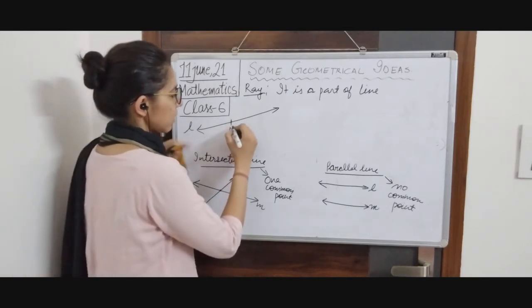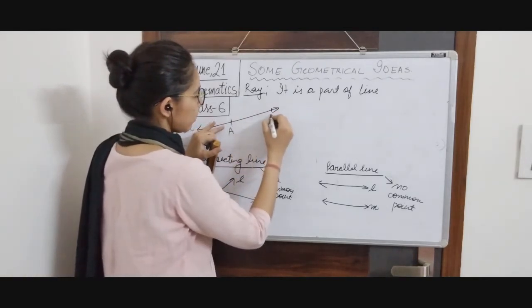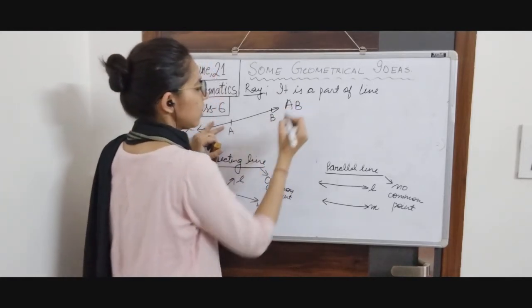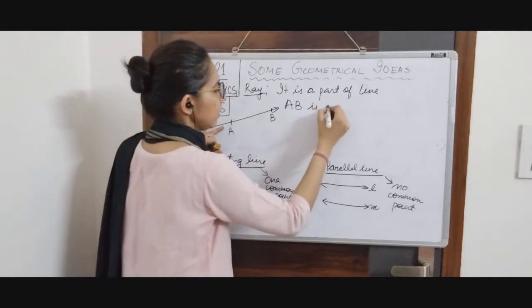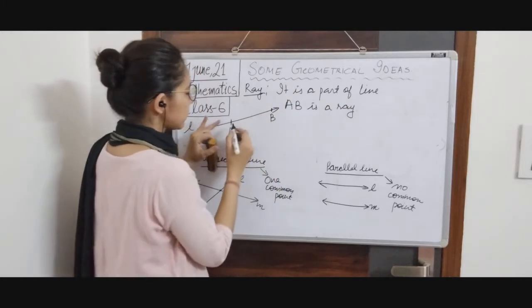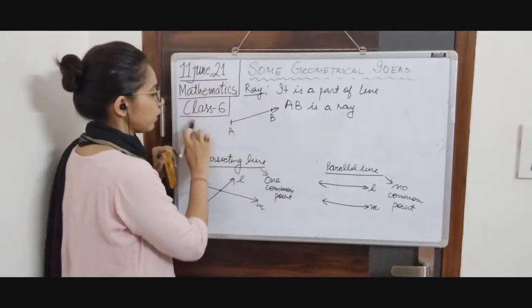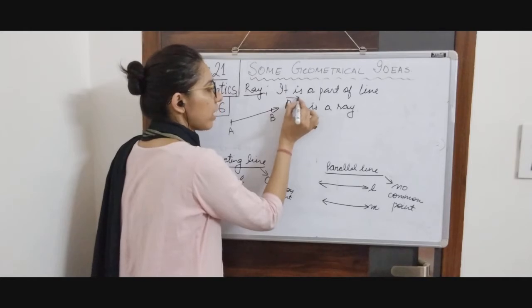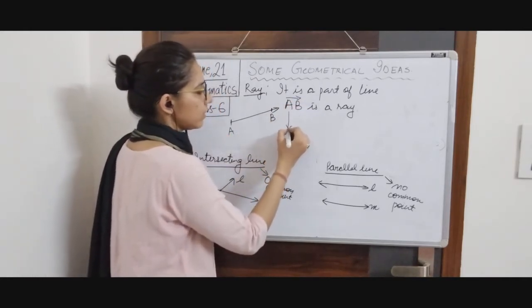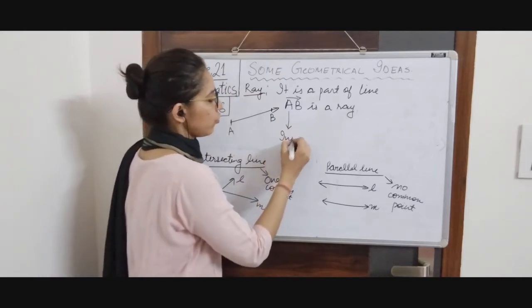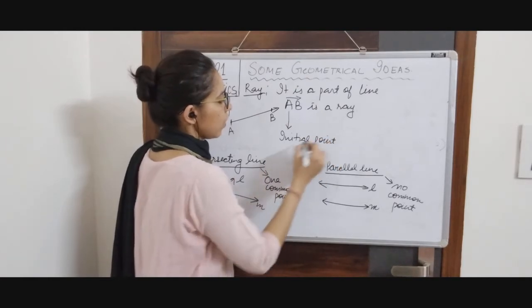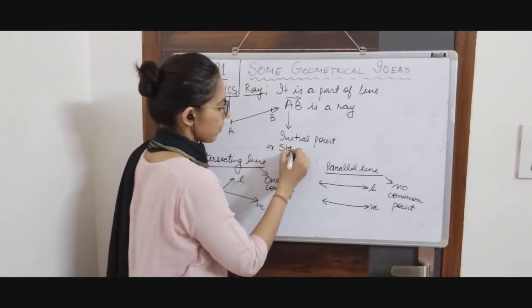So this is A and suppose this is B. So AB is a ray, and how will we represent it? Because we are starting from A, we will use an arrow like this. Now this point A is called the initial point, or starting point.